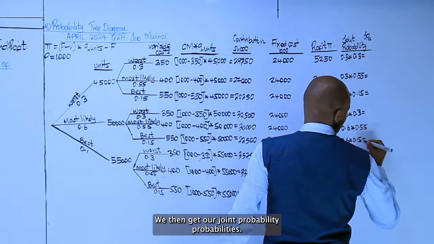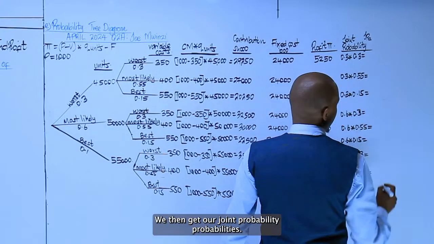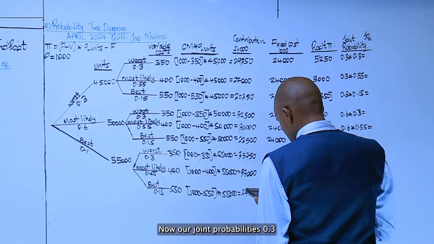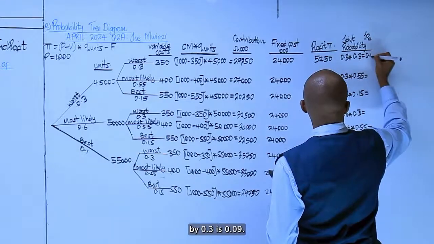We then get our joint probabilities now. 0.3 by 0.3 is 0.09.